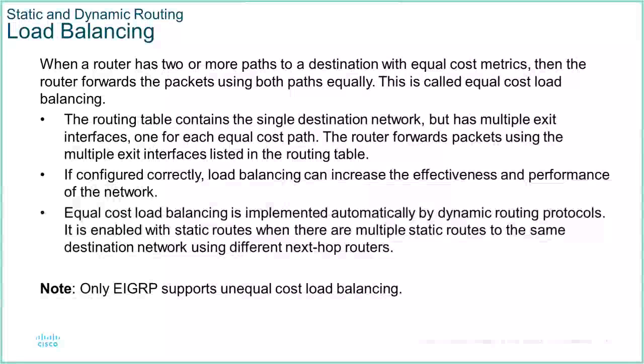So any paths that come up to a total cost of 120 will be valid and entered into the routing table, and it will share the load across those multiple paths, even though they're suboptimal. But it will send 2 packets down the 60 cost to every 1 down the 120.